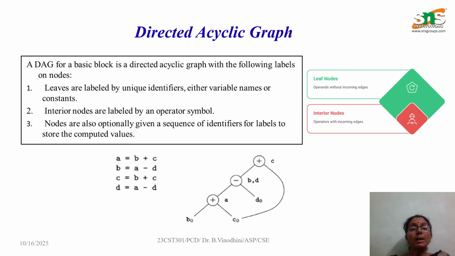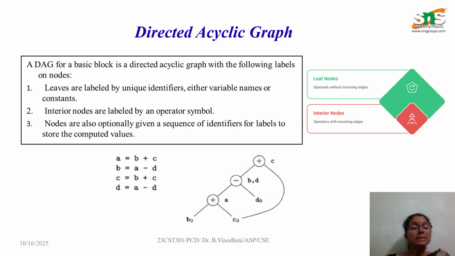Now we will see how to construct the directed acyclic graph. There is a procedure for constructing the directed acyclic graph for a particular basic block. First, leaves are labeled by unique identifiers, either variables or constants. The leaf nodes are the identifiers and internal nodes are the operators.